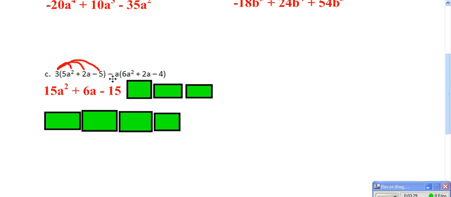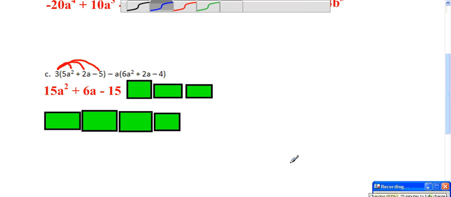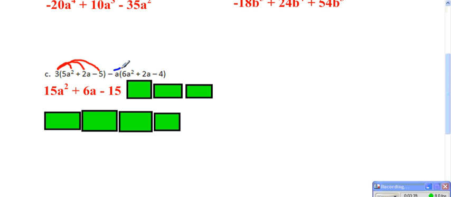Our next step is we need to distribute our negative a into the following trinomial. So in this case, we have negative a times 6a to the second. We'd wind up with negative 6a to the third.